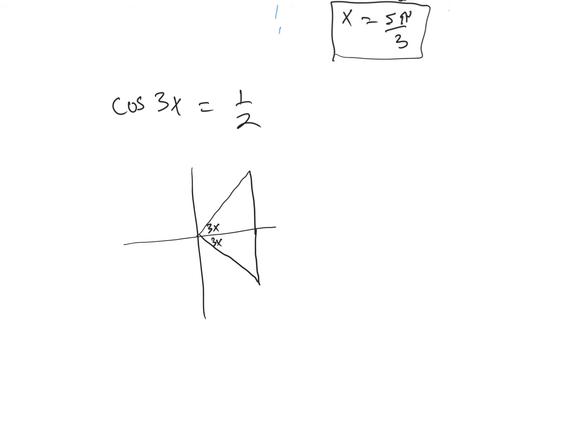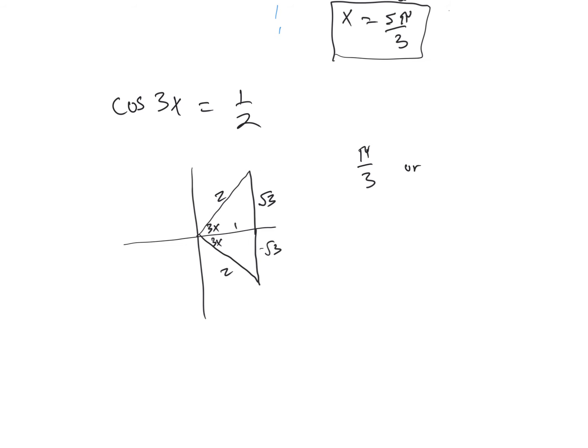These are my angles, and it's 1/2. That means the adjacent is 1, hypotenuse is 2, so I got a √3 and a negative √3, but those are the two angles that I can have. The opposite is √3, so it's 60 degrees.